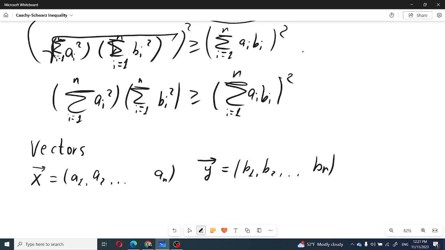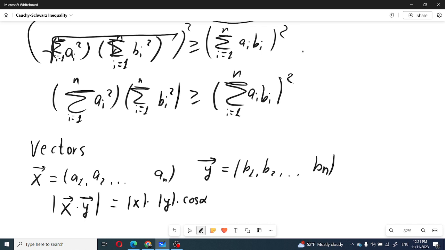And if we take their scalar product, it would be the size of x times the size of y times the cosine of alpha, where alpha is the angle between them.